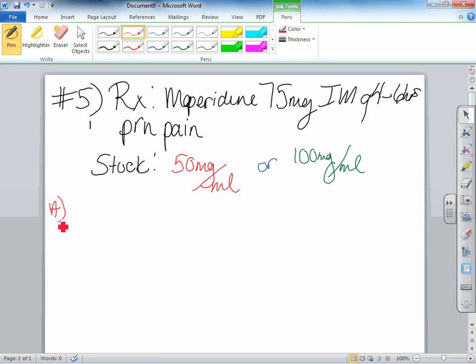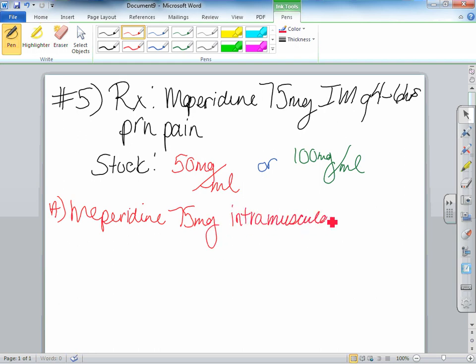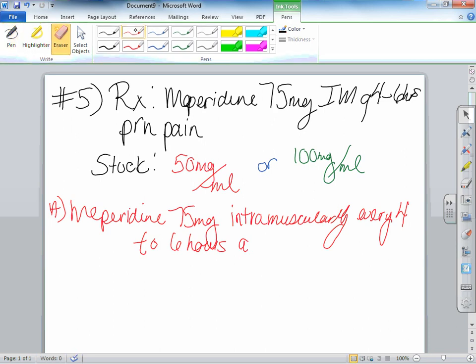So, how I interpret this order to read is Meperidine 75 milligrams intramuscular every 4 to 6 hours as needed for pain.